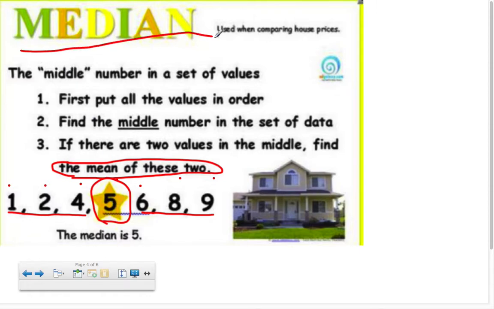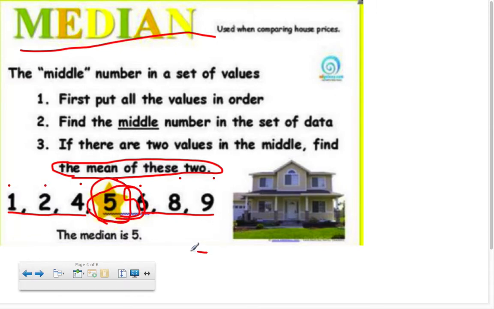It's so easy to do. All you have to do is put them in order first. That's what it says right there. And then find the middle number. And that's the answer. The median is 5. Let's make believe there was one more 5. If they were both in the middle, then you'll want to pay attention to both of them.